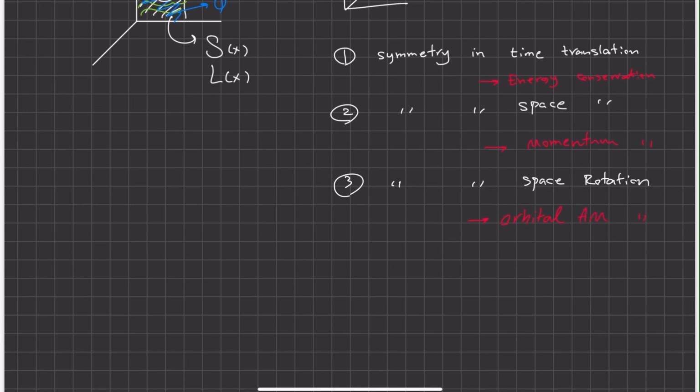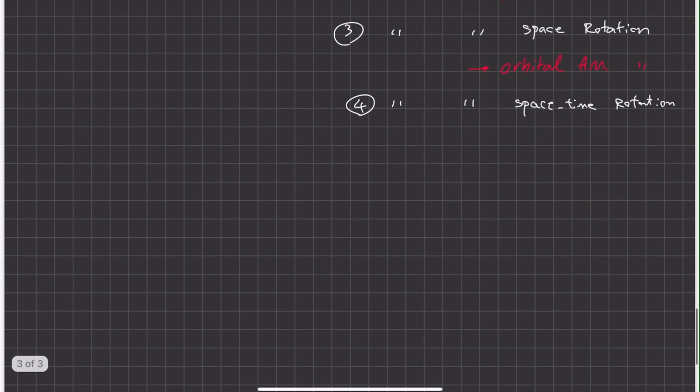And the last concept is symmetry in space-time, generalized rotation, which is the Lorentz group. So we are saying boost plus rotation, and boost here gives us a spin, and rotation gives us angular momentum but orbital, and together they're going to give us total angular momentum conservation.